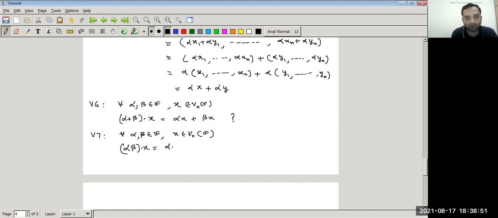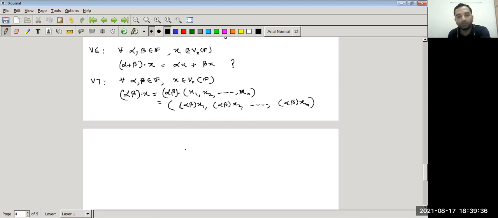So we can write alpha beta, and what is x? This is x1, x2, xn. Now we can define the scalar product. So it is alpha beta into x1, alpha beta into x2, and alpha beta into xn.